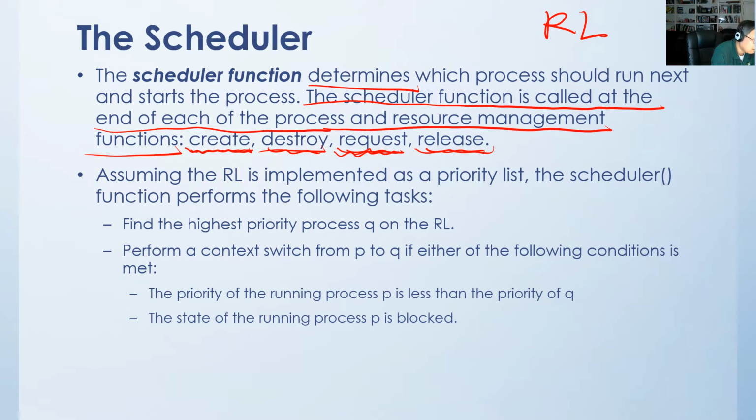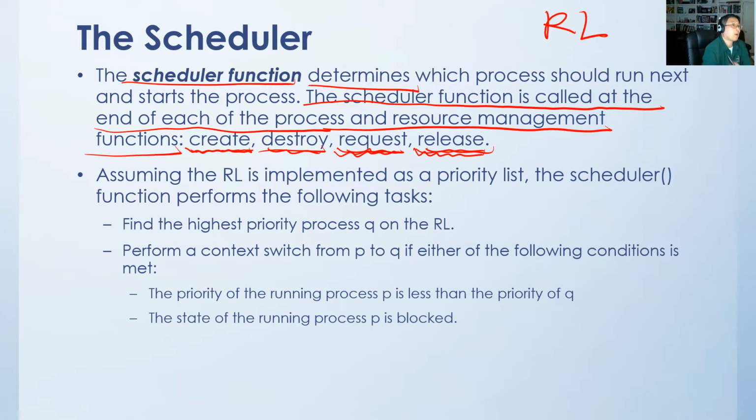In that case, the scheduler function will kick in and decide who's going to be the next process to run, because the current process blocks itself.